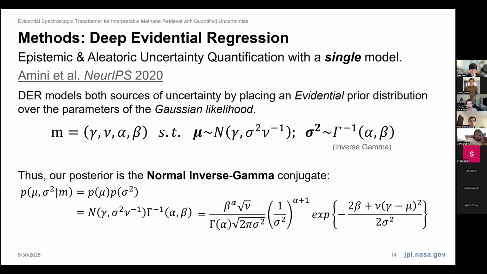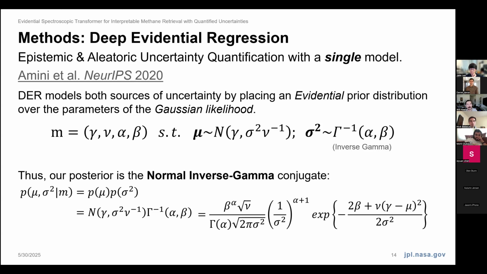Rather than just model that mu and variance, that point estimate and variance, we're going to define an evidential prior over those, where the point estimate is drawn from a normal, and the variance is drawn from an inverse gamma distribution that are parameterized by these four outputs from our model. So our model is going to output these four, what we call the evidential prior parameters, gamma, nu, alpha, and beta.